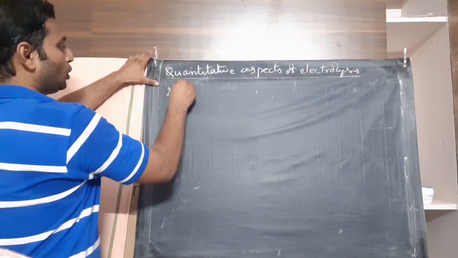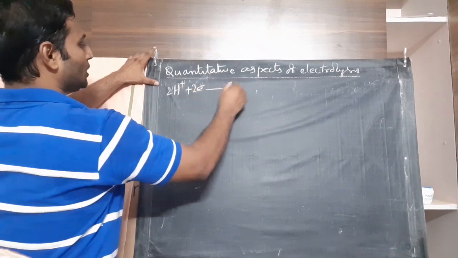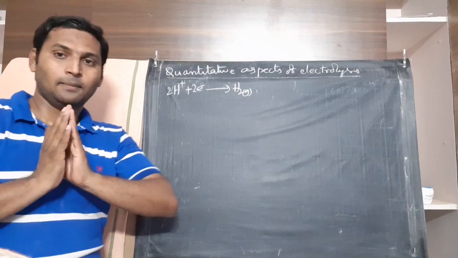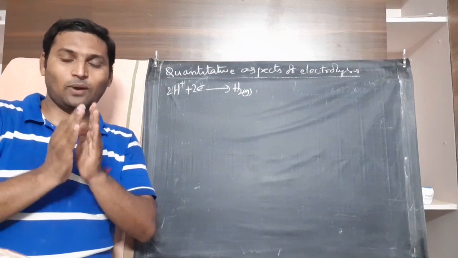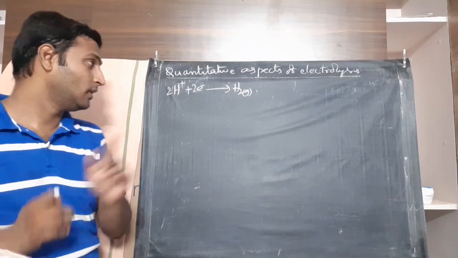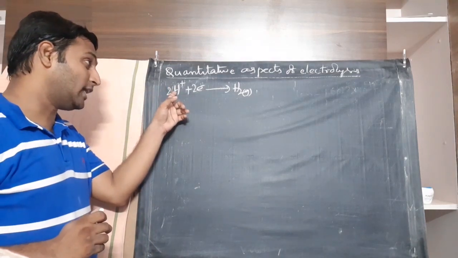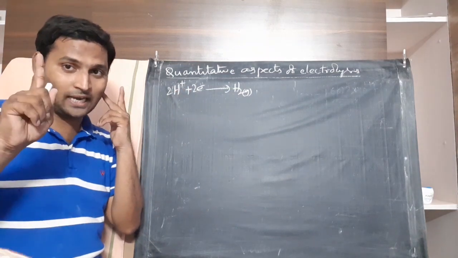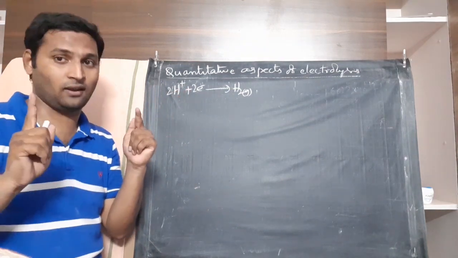Say 2 H plus ions gain 2 electrons to form 1 mole of hydrogen gas. Equivalent mass is atomic mass divided by valency. Now, 2 hydrogens gain 2 electrons, but each atom gains 1 electron, so its valency here is 1.